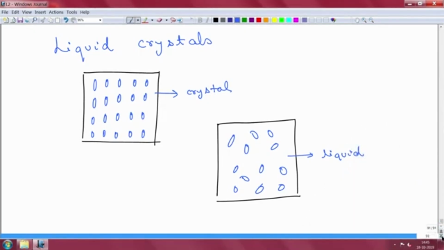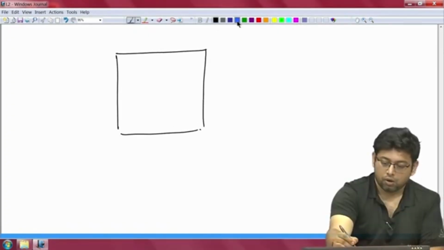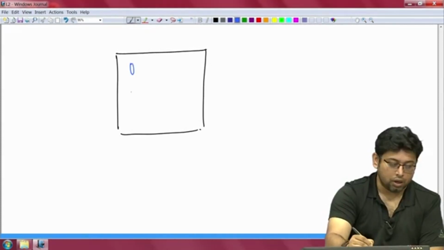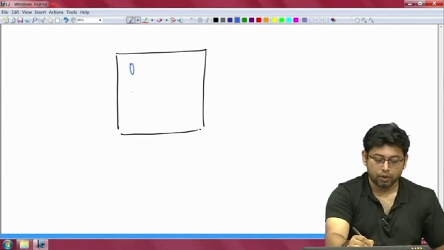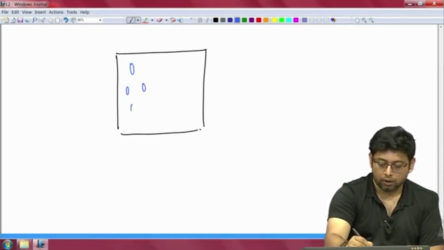Now, you can have something called a nematic liquid crystal, where these are distributed such that you have orientational order, but not necessarily positional order.